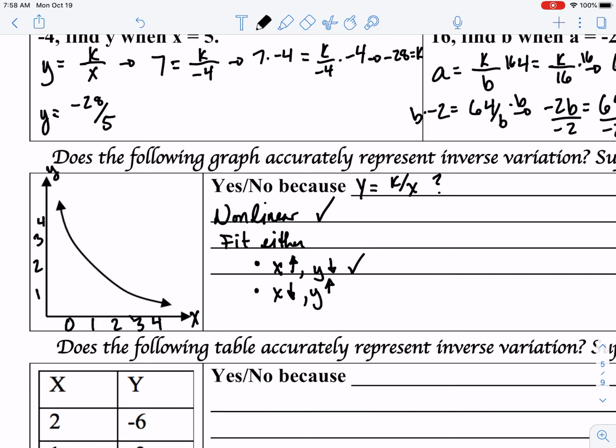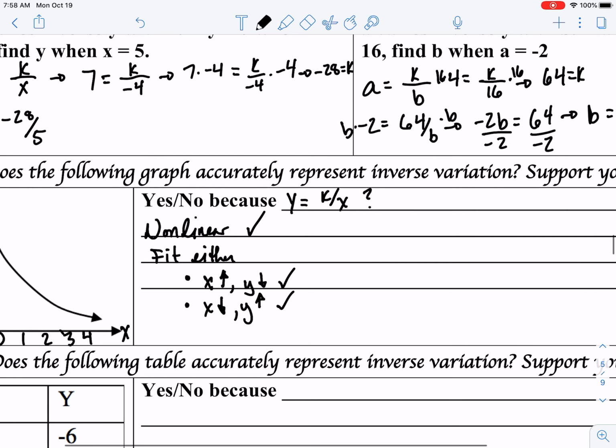Another way I could think about it is my X's decrease. So as I go from 4 to 3 to 2 to 1, so as I'm getting smaller X's, my Y values are increasing. Now, it kind of has an arc to it. So all of these are going to be yes.